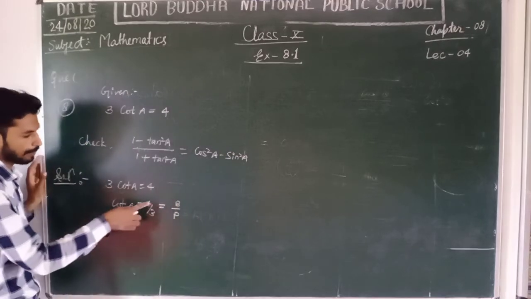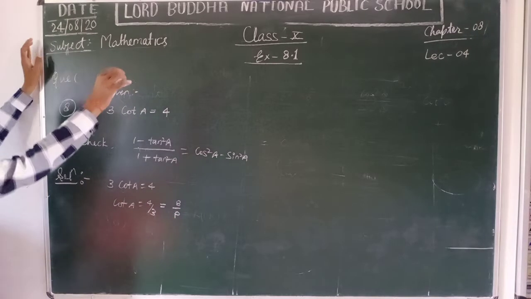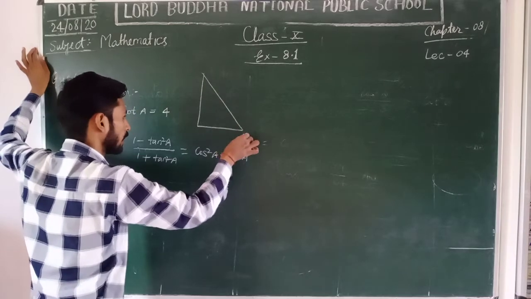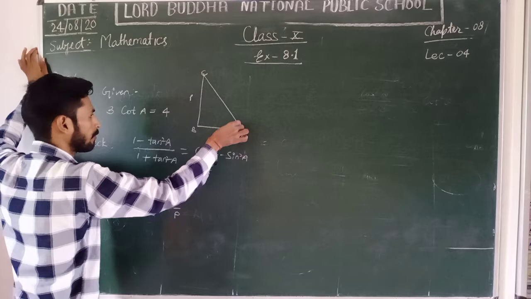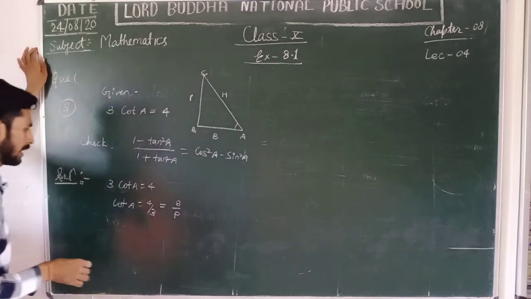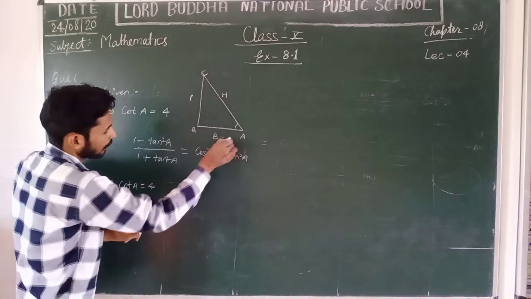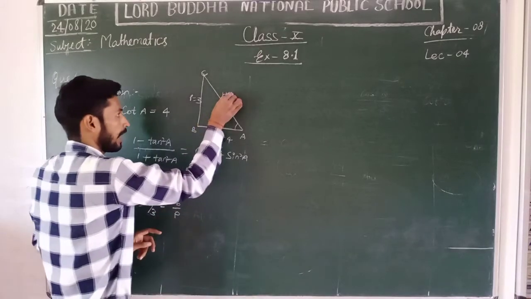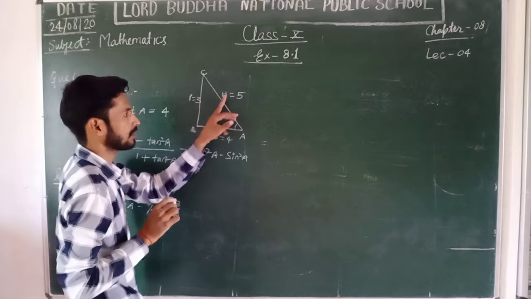So in place of base is 4 and in place of perpendicular is 3. So if we take a triangle ABC, this is the perpendicular for the angle A and this is the base, and the next side is the hypotenuse. Base is 4 and perpendicular is 3, and then according to the Pythagoras theorem, hypotenuse will be 5.